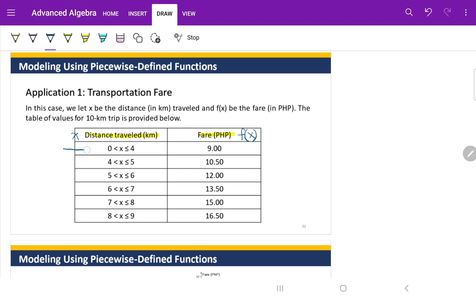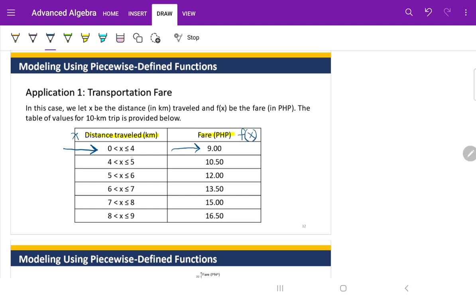For the first row, as you can see, if the distance traveled is from 0 kilometer up to 4 kilometers, you will only pay 9 pesos.